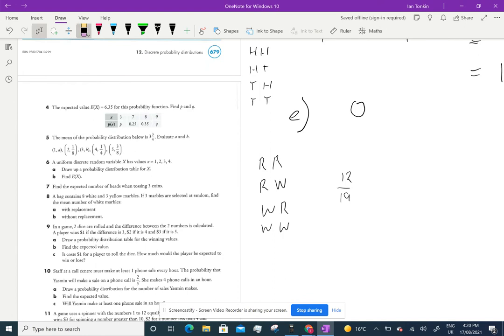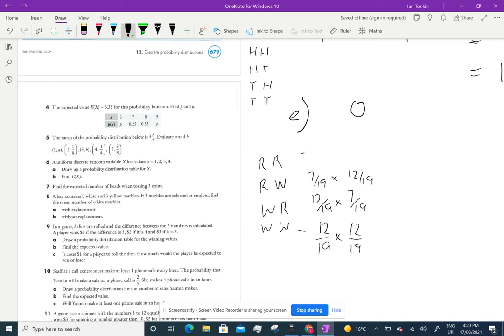I'm going to write this down here so you can see the probability. The chance of this happening is 12 on 19 times 12 on 19. The chance of this happening is 12 on 19 times 7 on 19. And this is 7 on 19 times 12 on 19.